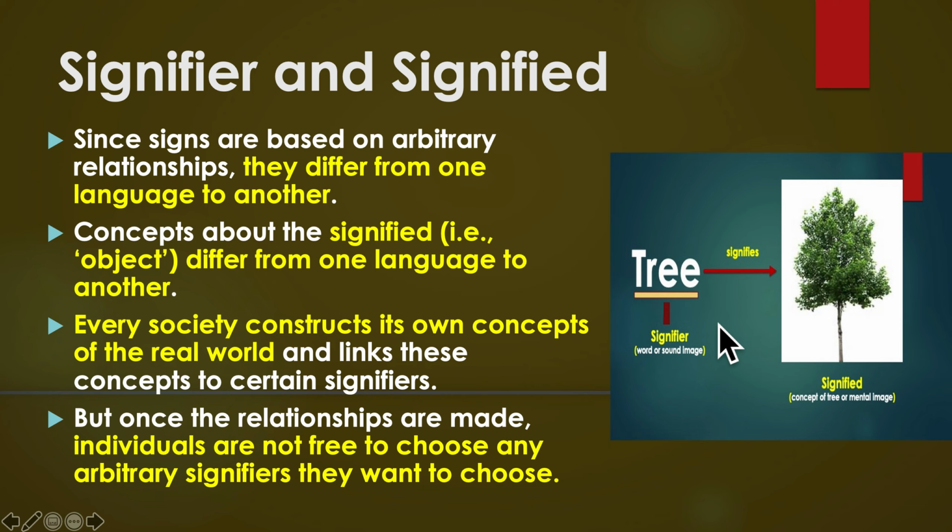At the time of birth, if your parents had decided your name to be Tom, then you could have been called Tom now. So there is no scientific relationship between the person you are and the name given to you. That is the basic concept here between signifier and signified.